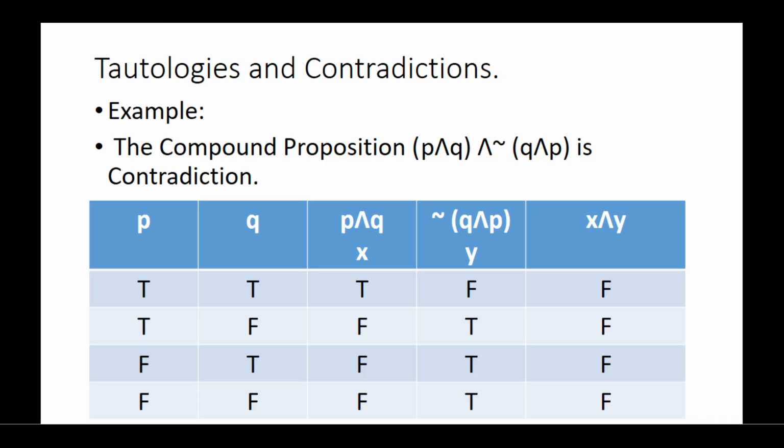The compound proposition (P and Q) and (negation of (P and Q)) is a contradiction, which is false for all the values of its components.